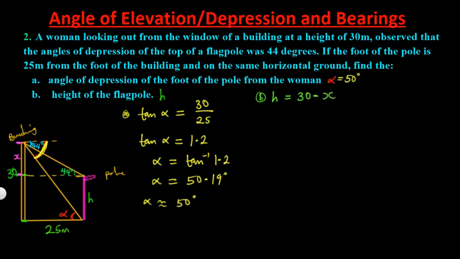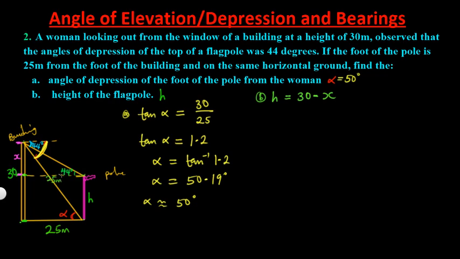So we then need to get the value of x. To get the value of x, compare this triangle from here, this and this. That's a triangle. Remember, from the base here to this is similar to this and this. So this is also 25 meters. That means we have the adjacent, we are interested in the opposite, given the angle 44 degrees.